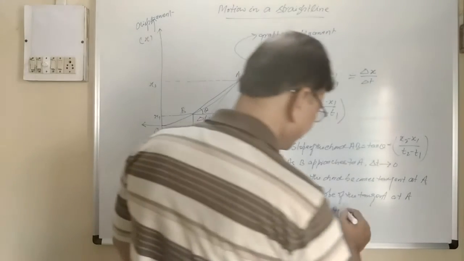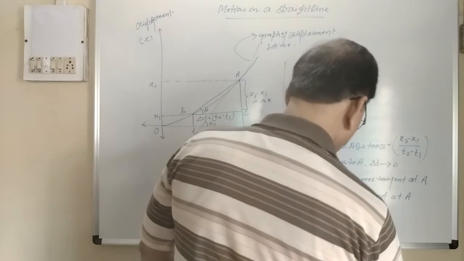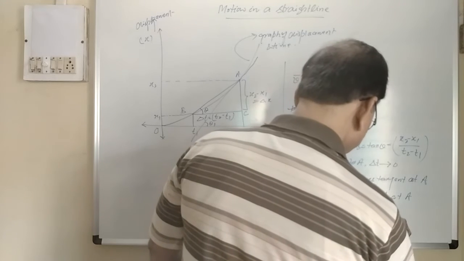So tan theta 1 is equal to the instantaneous velocity.